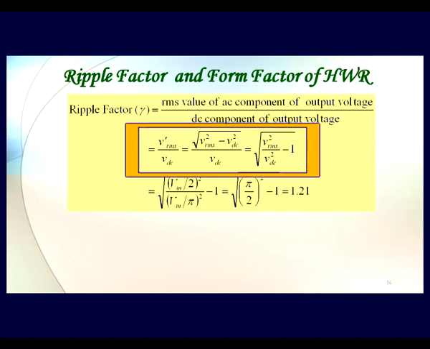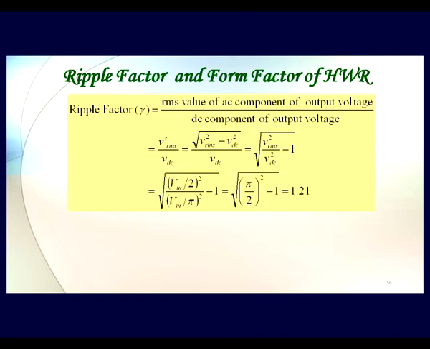So if we just substitute the value of V prime RMS as under root of VRMS square minus VDC square, and VDC in the denominator, and then simplify it, we get under root of VRMS square upon VDC square minus 1 as the ripple factor.